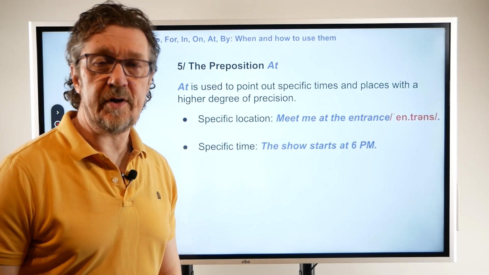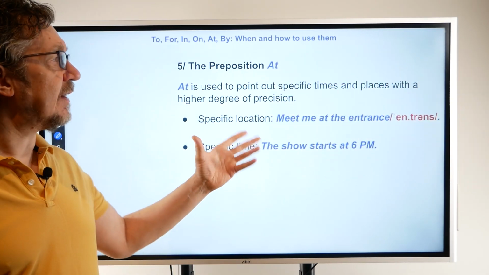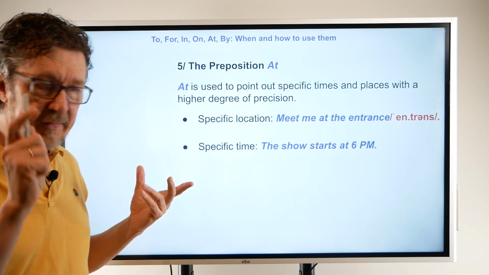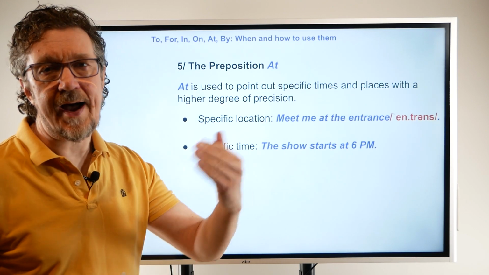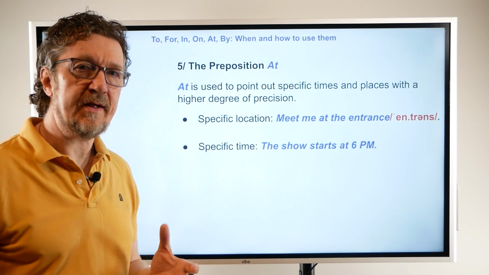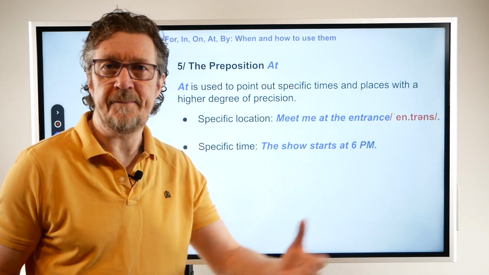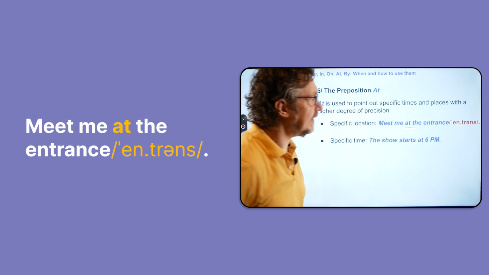Okay, number 5, we're looking at at. The preposition at is to point out specific times and places with a high degree of precision. Now, the important thing to remember here is that when I say I'll meet you at a place, usually there's a distance between you and the person you're talking to, or the place you're talking about. So meet me at the entrance.